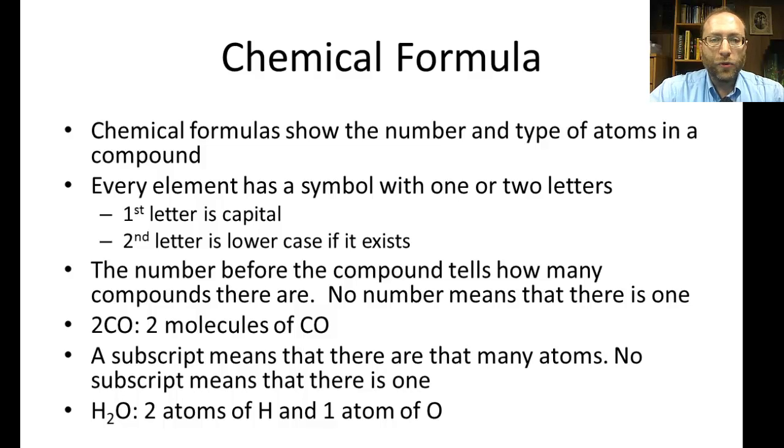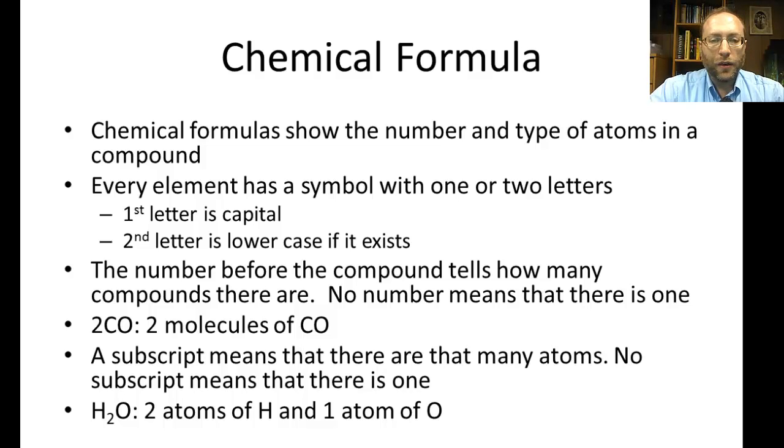If there's a number before the compound, that tells you how many of that compound there are. If there's no number, that means there's only 1. So what you see over here, 2CO, means there are 2 molecules of CO. CO is carbon monoxide, by the way. A subscript means the number is small and underneath the letter.